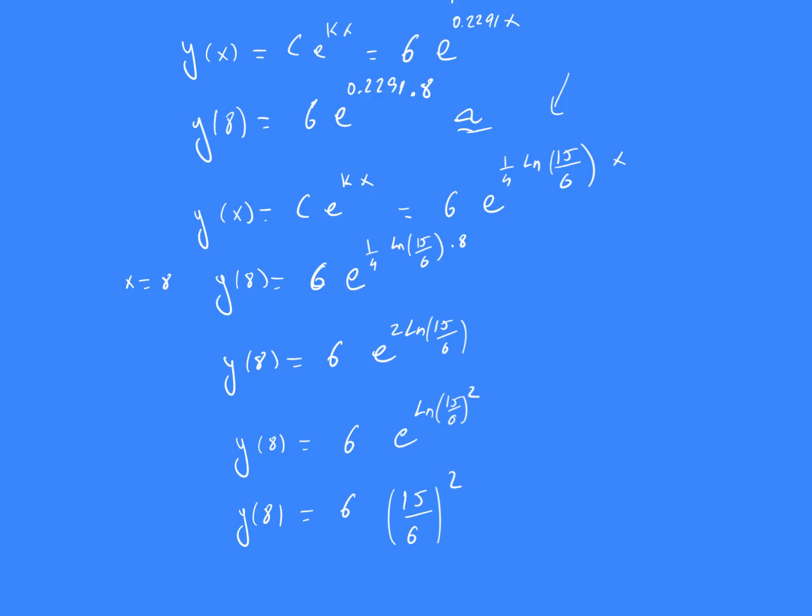You don't need any calculator to do it. Well, maybe now you need the calculator, but indeed you don't. It's 6 times 15 squared, which is 225, divided by 36. 6 divided by 36 is 1/6, so it's 225 divided by 6.